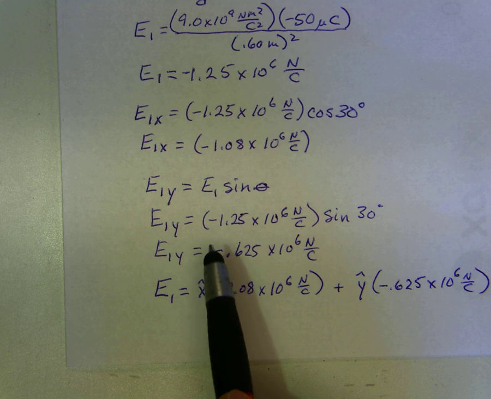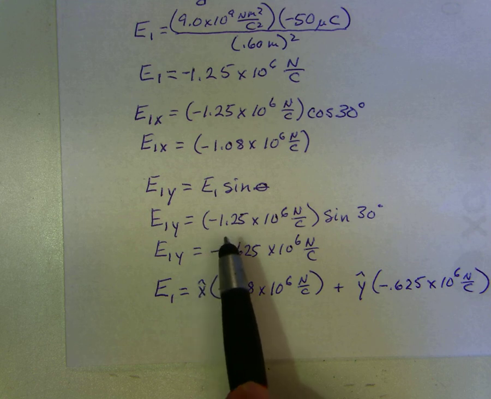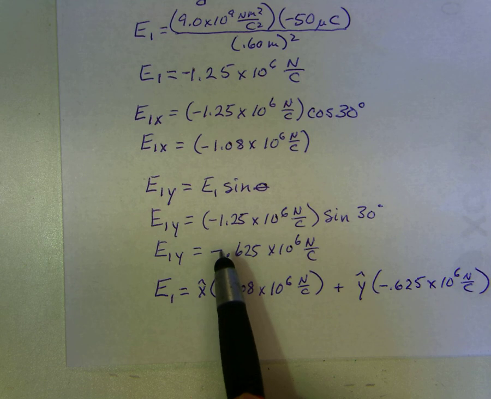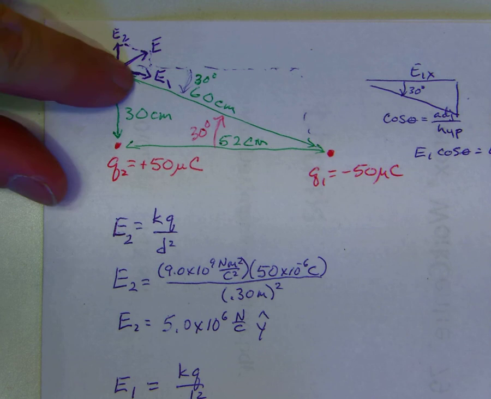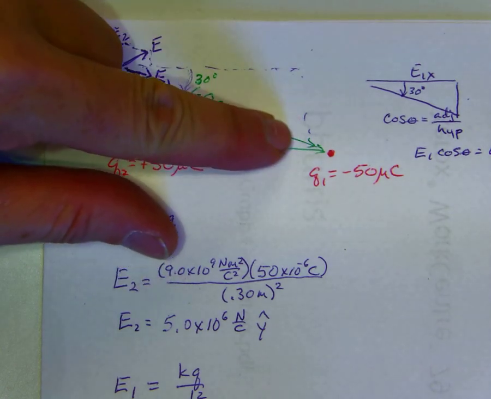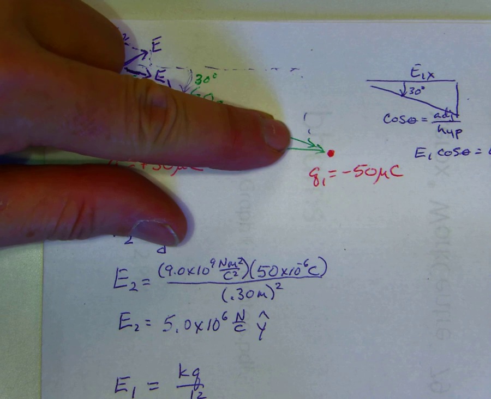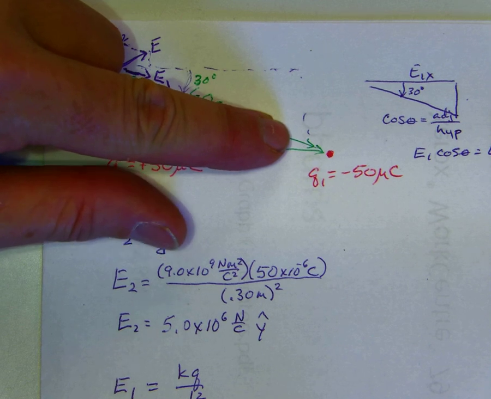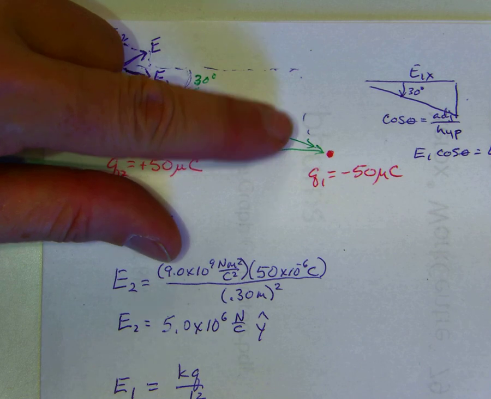Sine of 30 degrees, or the cosine of 60, is 0.5. All right, so this is the part in the x direction, this is the part in the y direction. So E1 equals, in the x direction, negative 1.08 times 10 to the 6 newtons per coulomb, and in the y direction, negative 0.625 times 10 to the 6 newtons per coulomb.